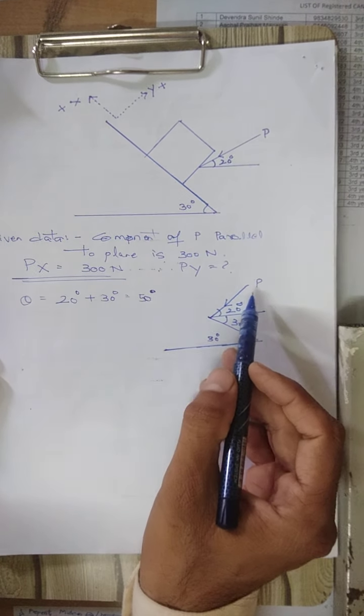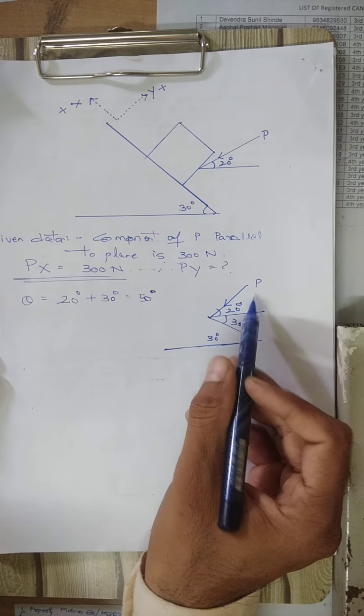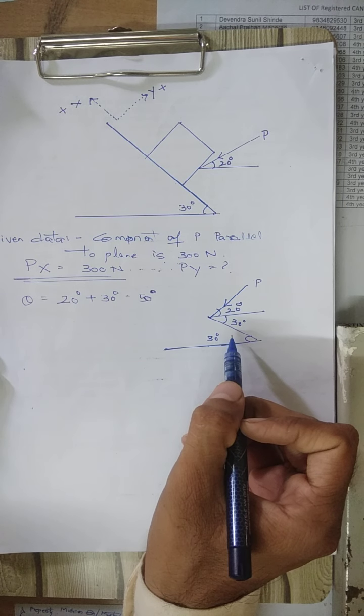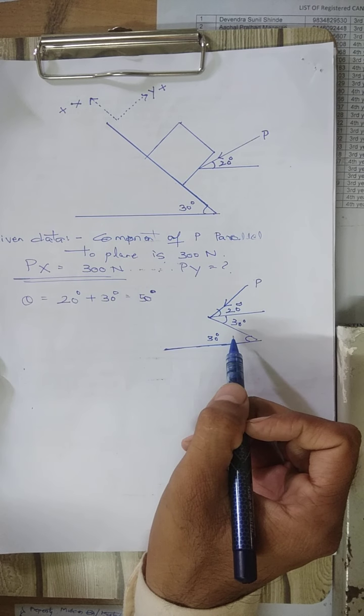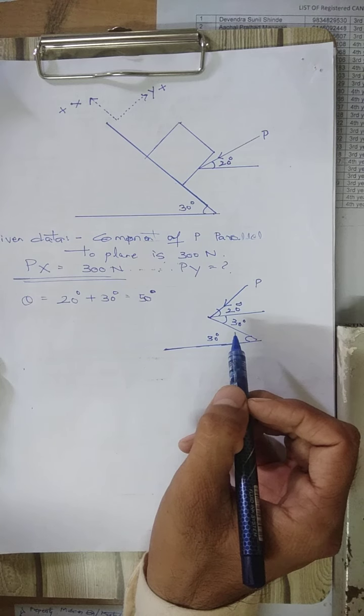So the angle made by that force along the inclined plane is 50 degrees. So we have to take the angle made by this force P as 50 degrees.